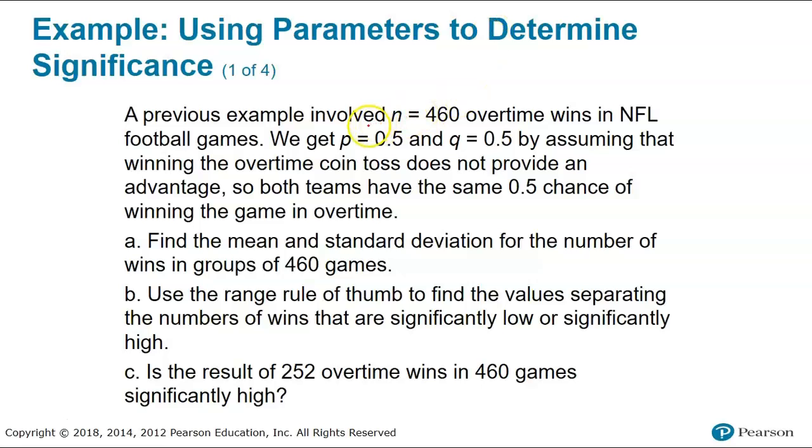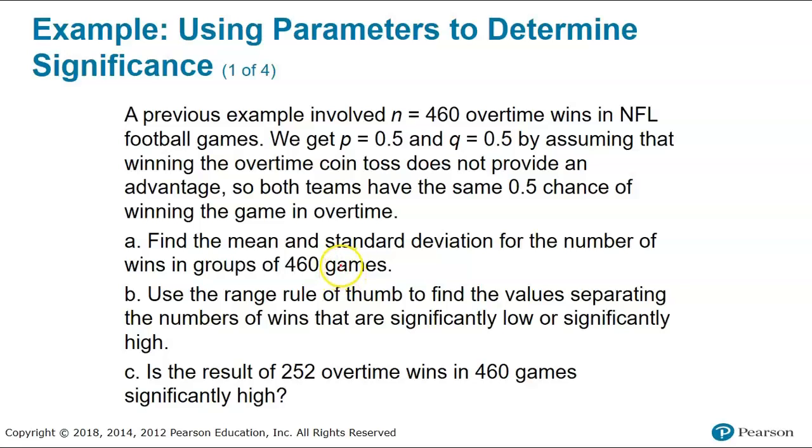Okay, this is going back to the football examples. In the previous example, our N was 460 overtime games, and we had a P of 0.5 and a Q of 0.5 by assuming that the likelihood was going to be the same. In part A, we want to find the mean and standard deviation for the number of wins in groups of 460 games.